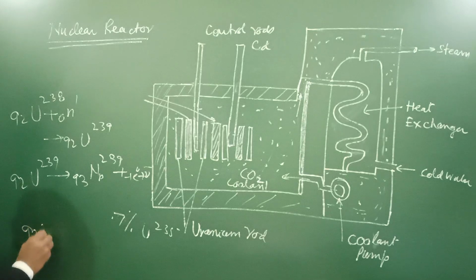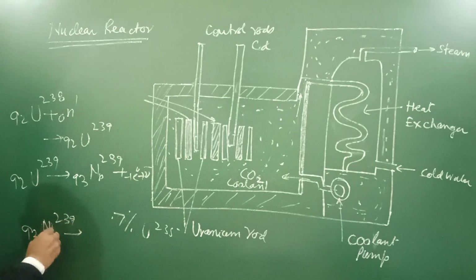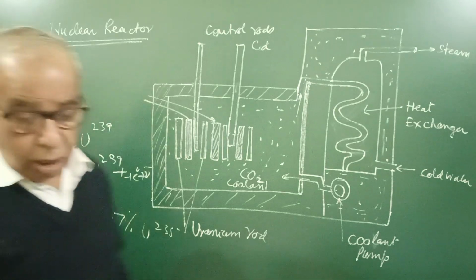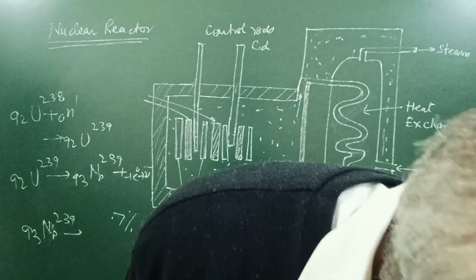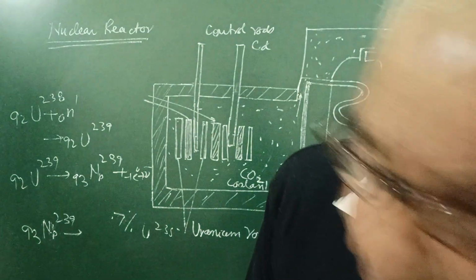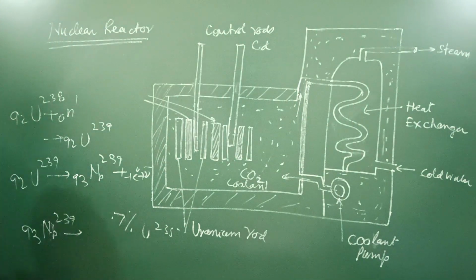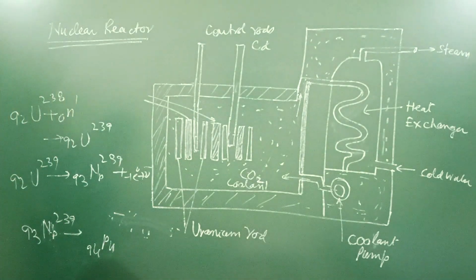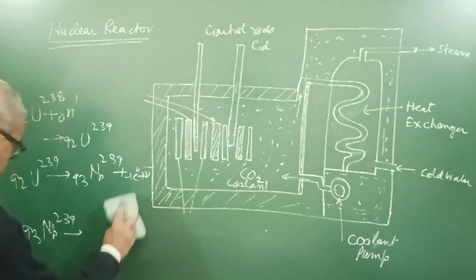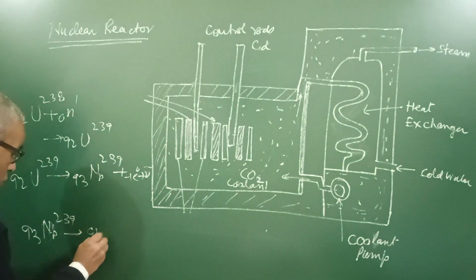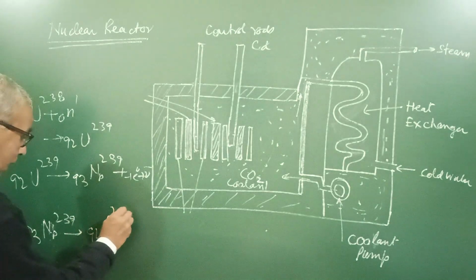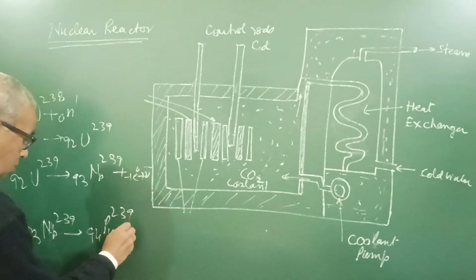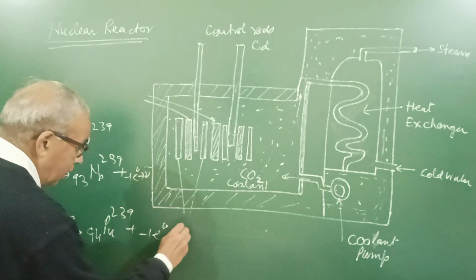Then 93 neptunium-239 is converted into plutonium-239 (94 Pu-239) again by beta emission, with an electron plus antineutrino.